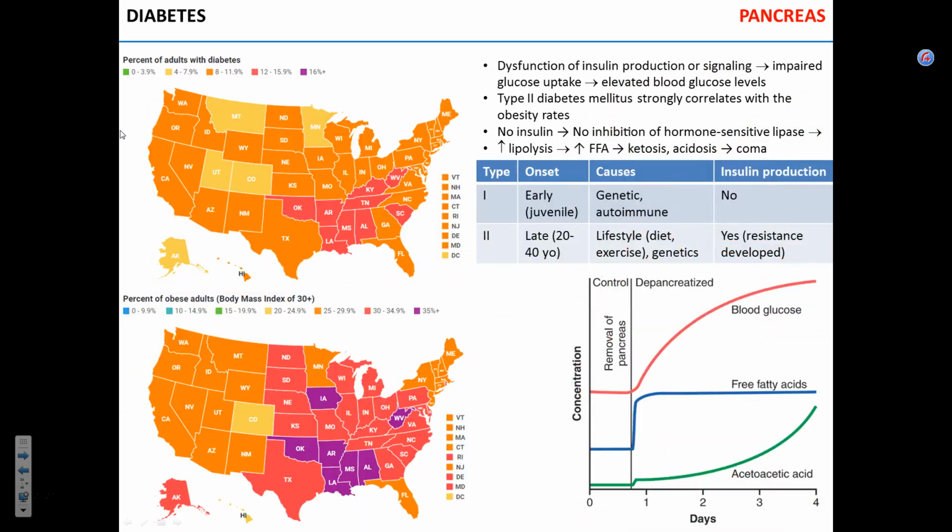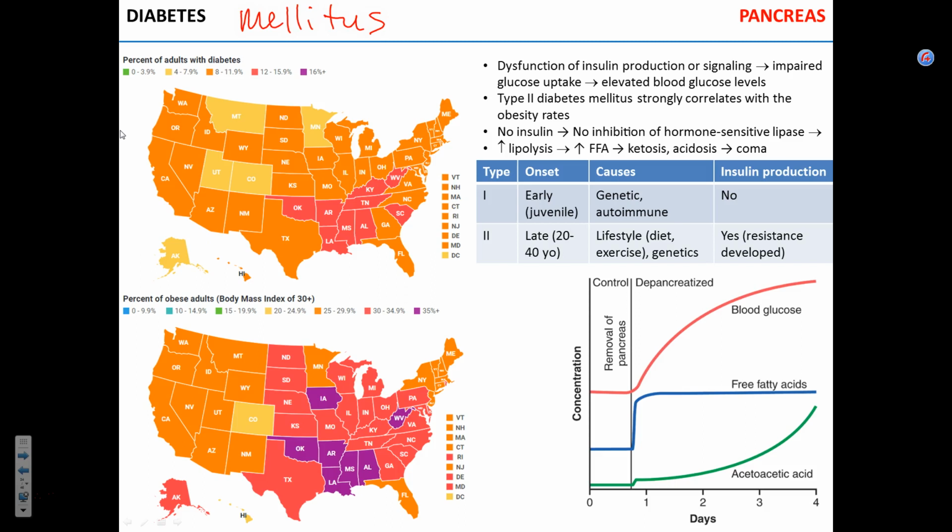Which brings us to a lovely story, which is diabetes. So diabetes mellitus, I need to say, it's not diabetes insipidus, which is the disease associated with water balance problems. Diabetes mellitus is the disease associated with problems with sugar control.